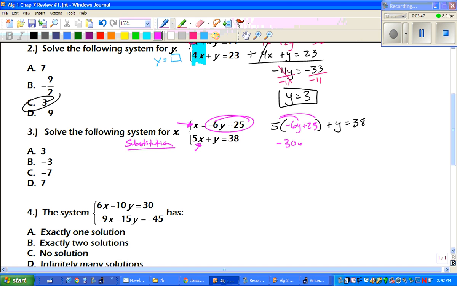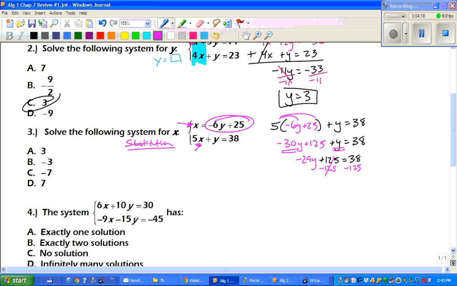You get negative 30y plus 125 plus y equals 38. Combine your like terms, and you get negative 29y plus 125 equals 38.